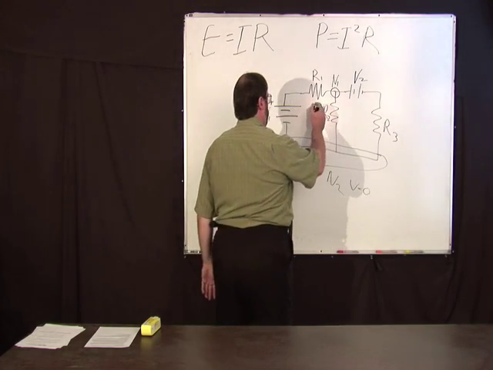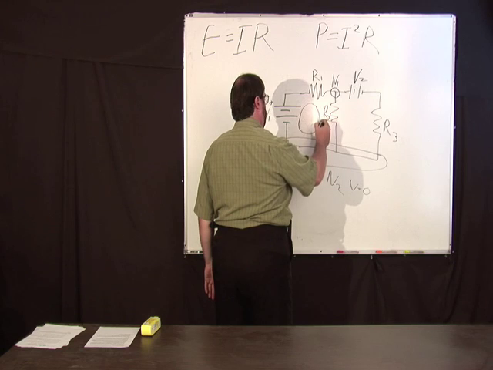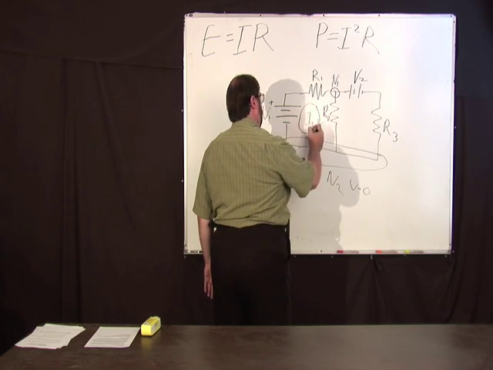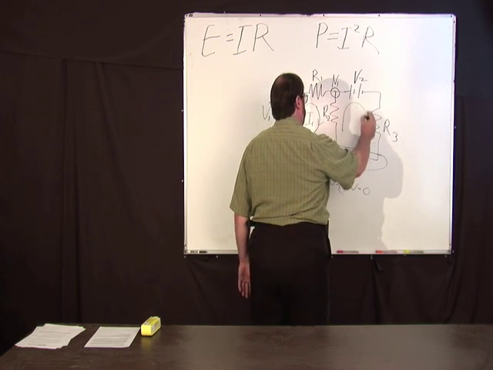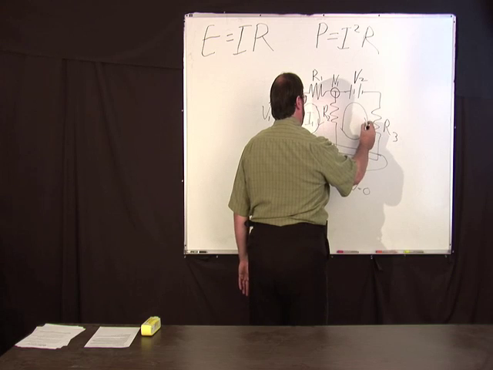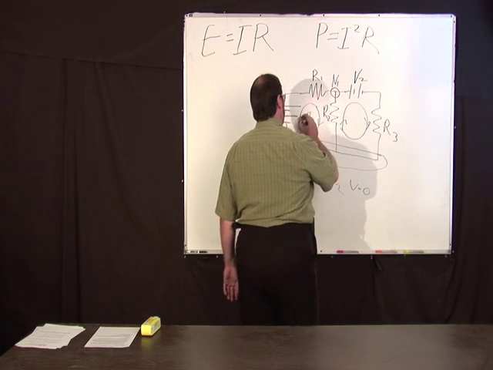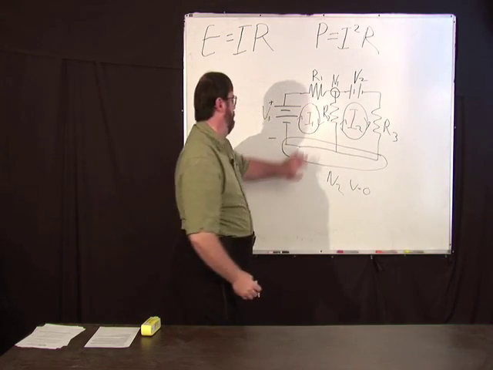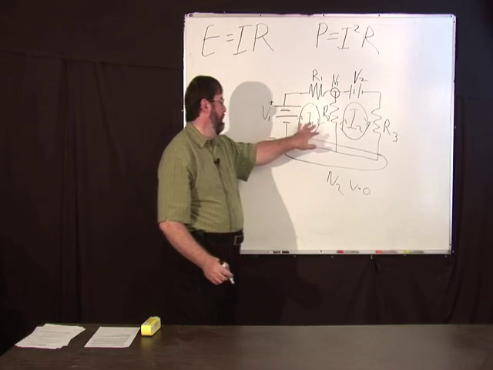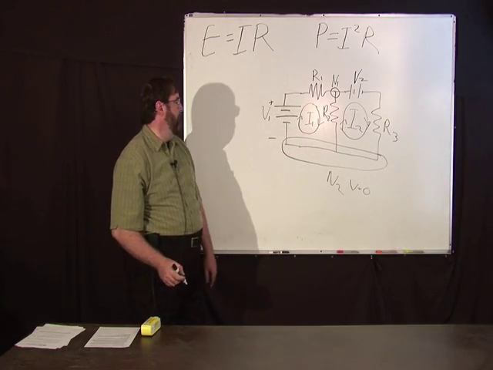So you say, okay, I'm going to call a loop, and you just arbitrarily pick a direction. We'll call this I1, and what the heck, we'll arbitrarily pick the same direction and call this I2. Okay, these unknown currents are what we don't know. That's what we're trying to find out.